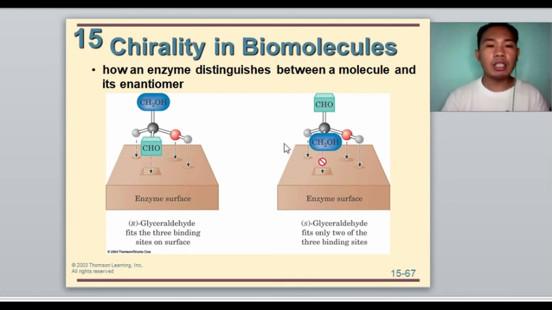Because interaction between molecules in living systems takes place in a chiral environment, it should come as no surprise that a molecule and its enantiomer or one of its diastereomers elicit different physiological responses.